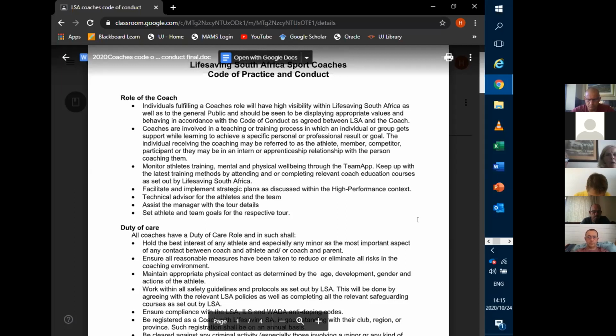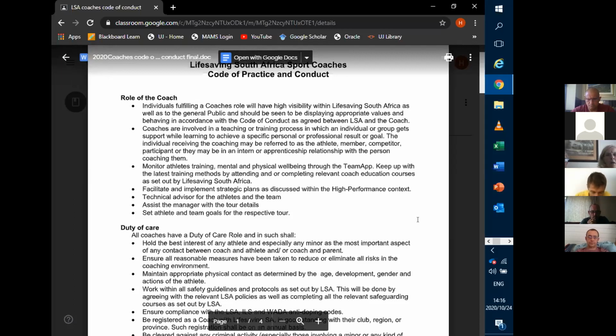But to start with, I want to inform all the coaches that it is very important to know your code of conduct, but also the code of conduct of the whole sport. Actually, you should be a walking encyclopedia, because the parents are asking you stuff, the competitor will ask you stuff, the lifesaver will ask you stuff, and you have to answer everything.